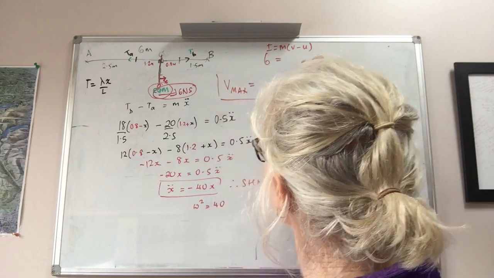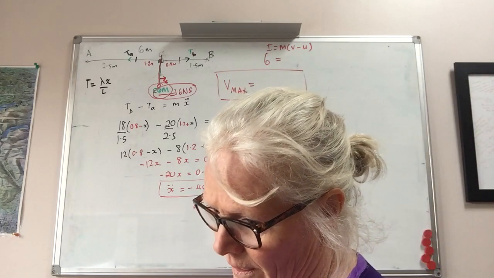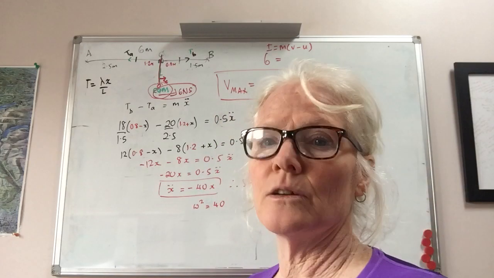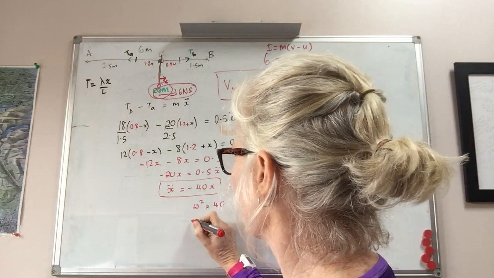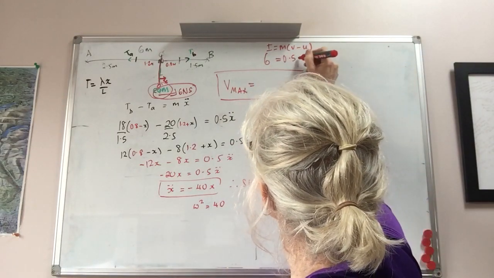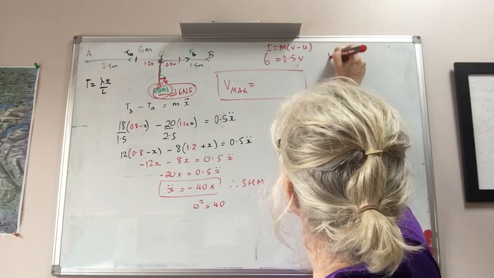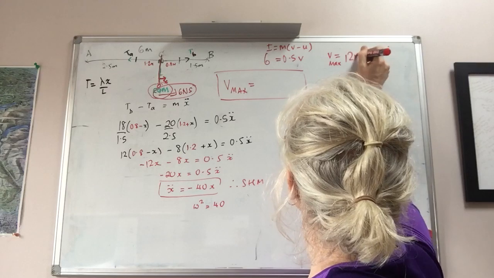So you use your formula for Vmax to work out A, and then you can just use your normal equations. So hopefully that should get you through that question. So here we'd have 0.5 times V, because U is 0. So Vmax would equal 12 metres per second.